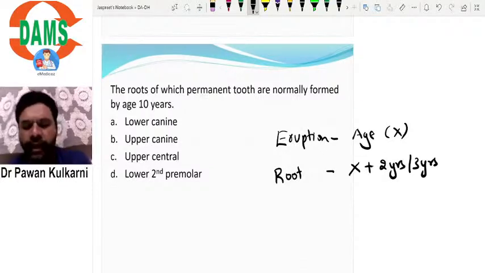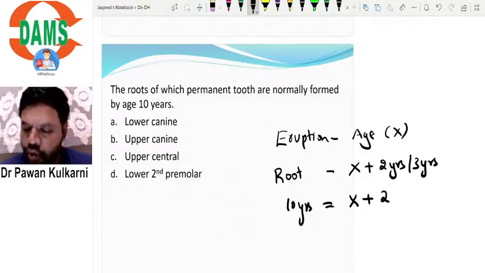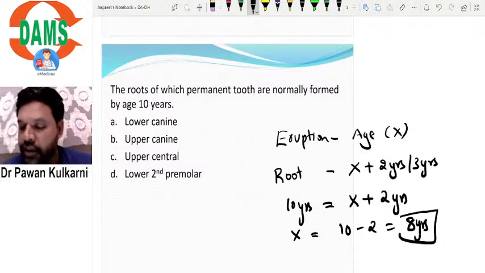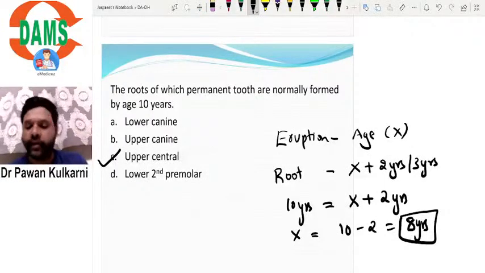For example, here they have given that root completion is occurring by 10 years. So if we take X plus 2 years equals 10, X will become 10 minus 2, somewhere around 8 years. And which is the tooth which erupts around 8 years? It is the upper central, 7 to 8 years.